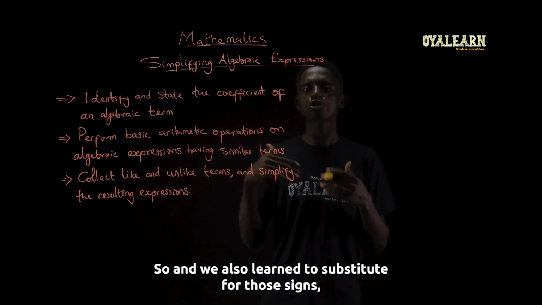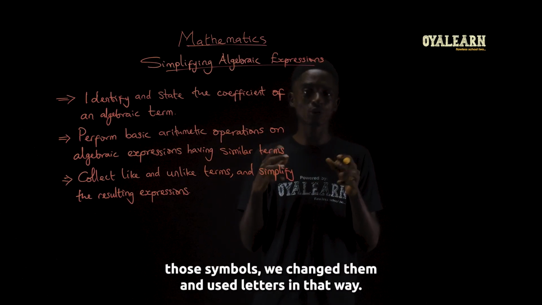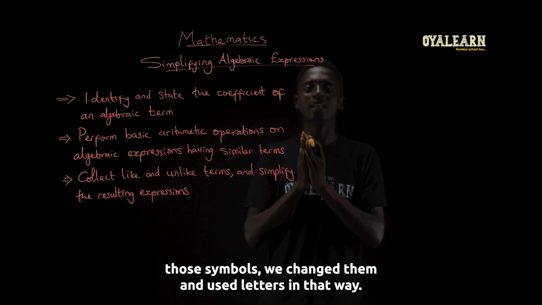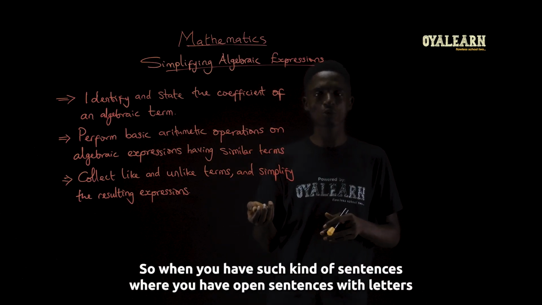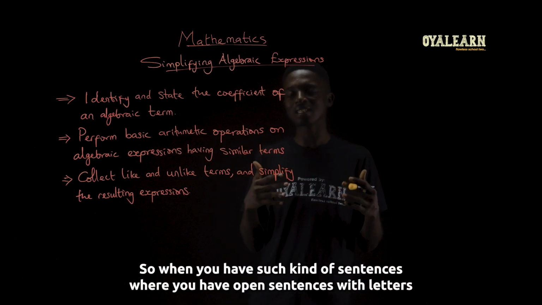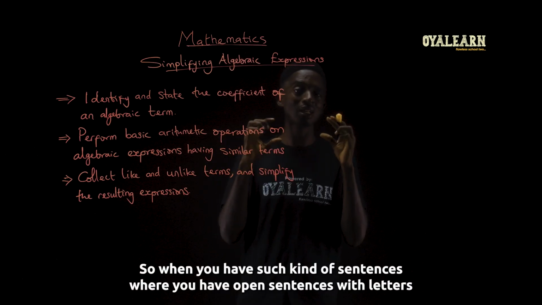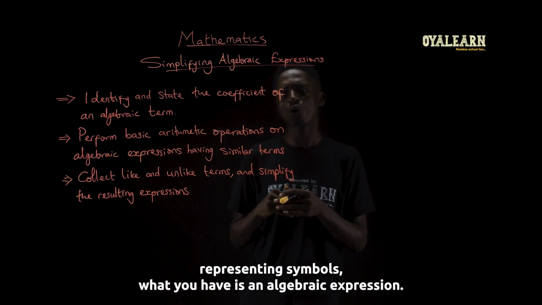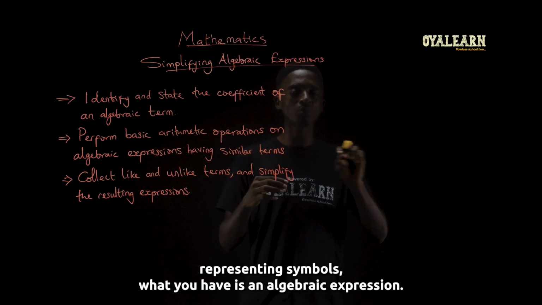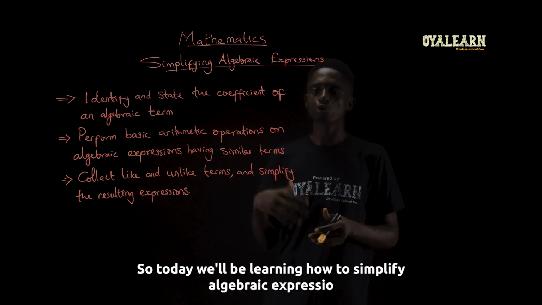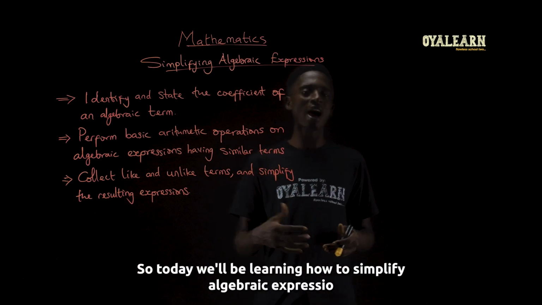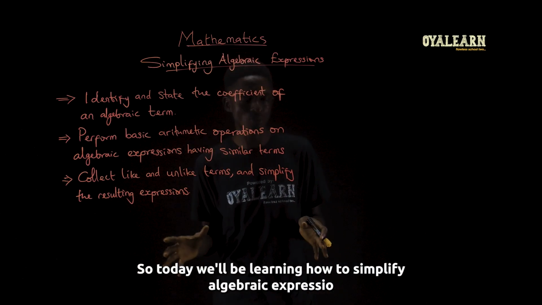We also learned to substitute for those symbols; we changed them and used letters in their place. So when you have open sentences with letters representing symbols, what you have is an algebraic expression. Today we'll be learning how to simplify algebraic expressions.